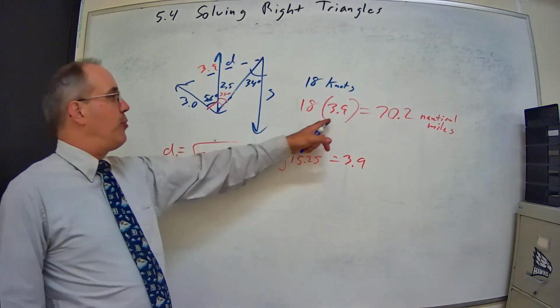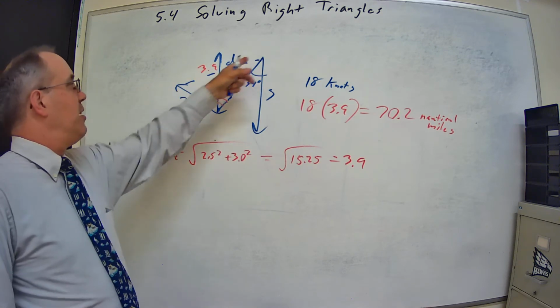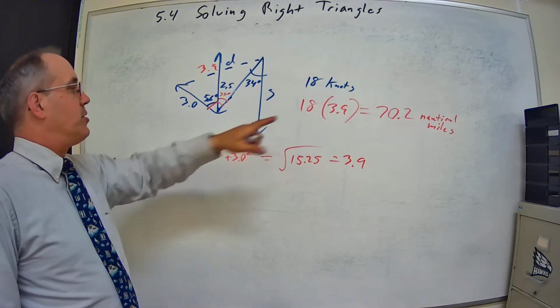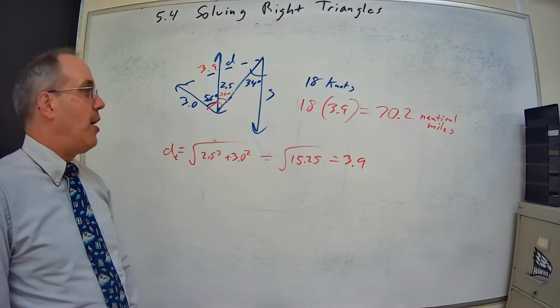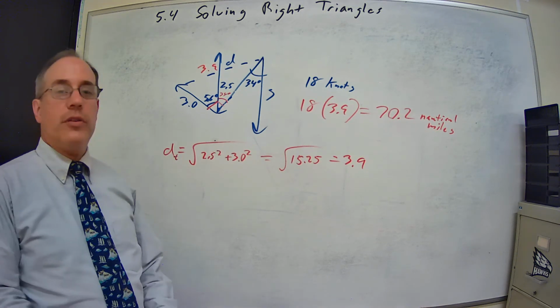Which would be the equivalent of traveling 3.9 hours at 18 nautical miles per hour. So 72.2 nautical miles.